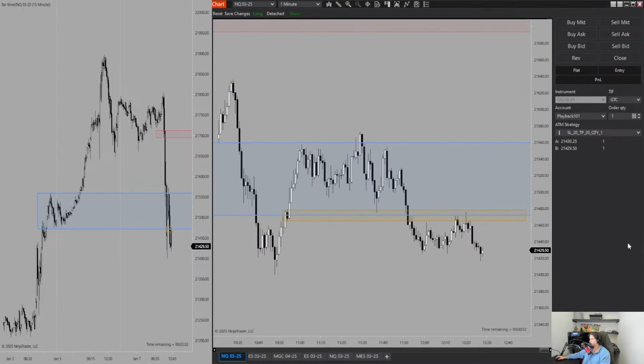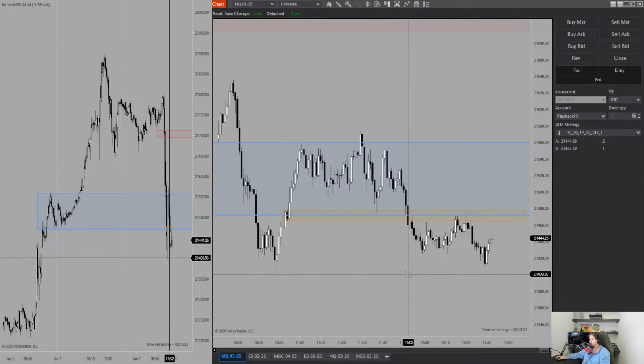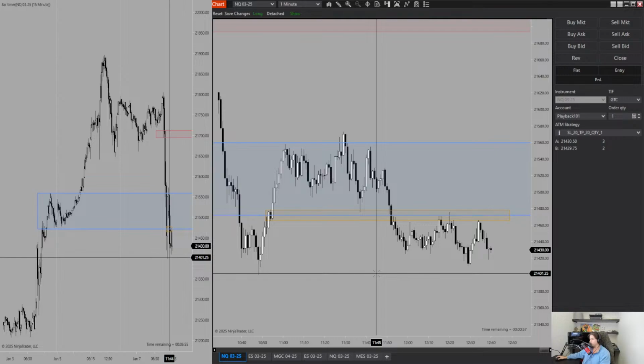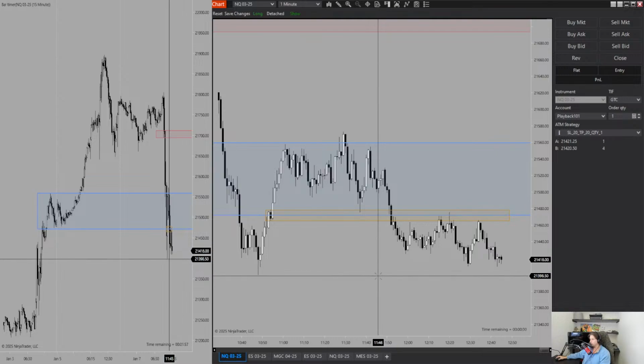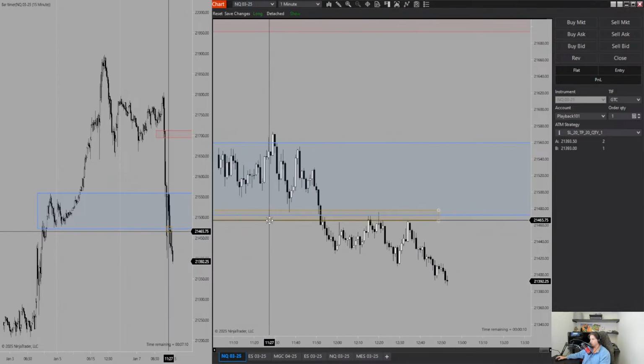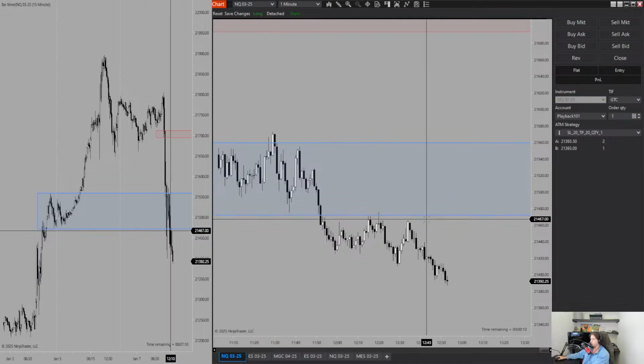Let's speed this up a little bit. I'm not liking anything yet. If this low gets taken and then we sweep back up, then maybe. We can see we turn this order block into resistance at the bottom over here.